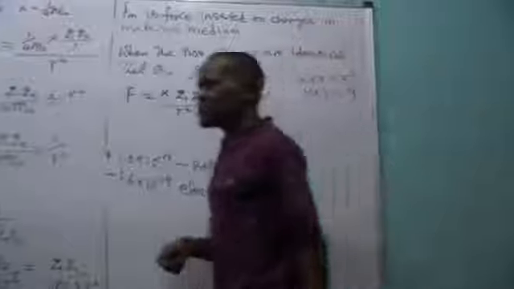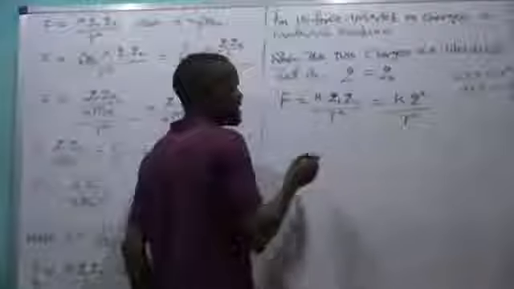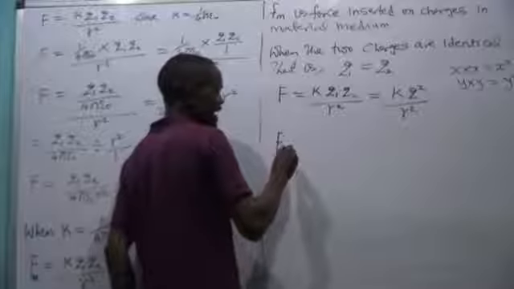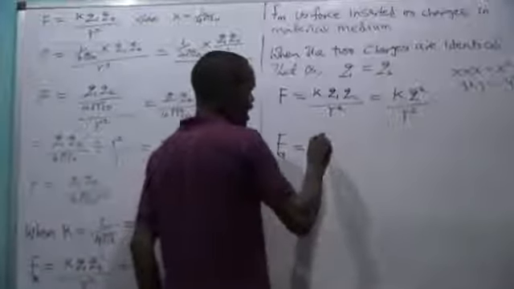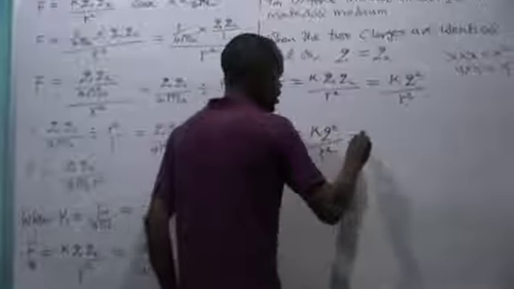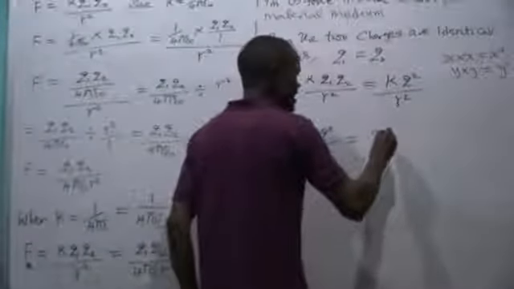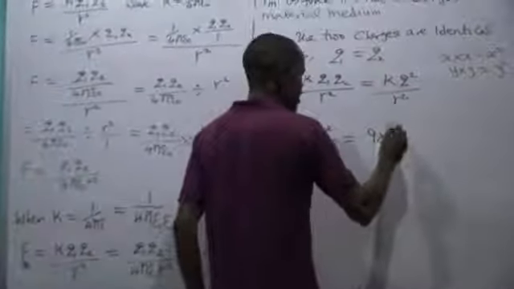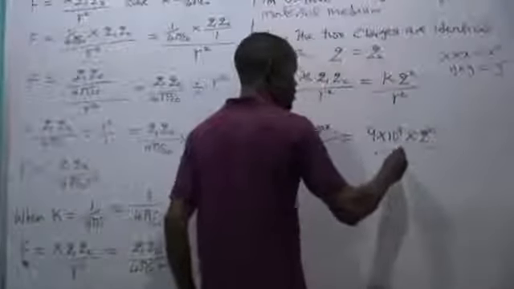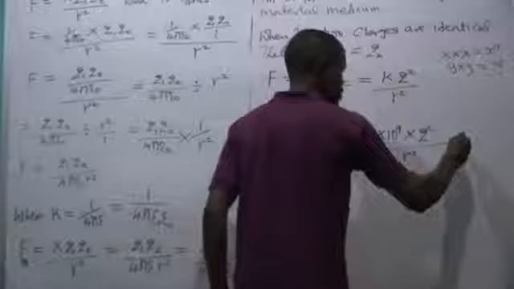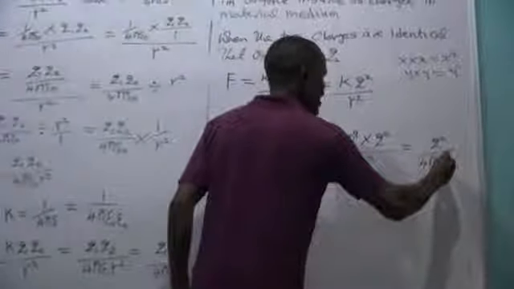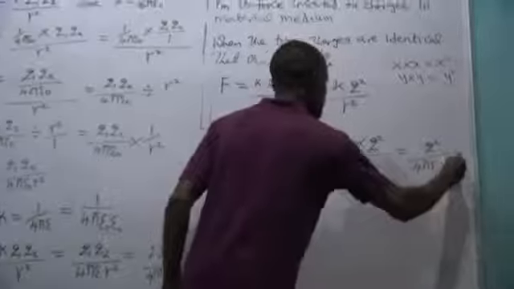Then F becomes K Q squared all over R squared, which equals 9 times 10 raised to the power 9 times Q squared all over R squared, or Q squared all over 4 pi epsilon naught R squared.